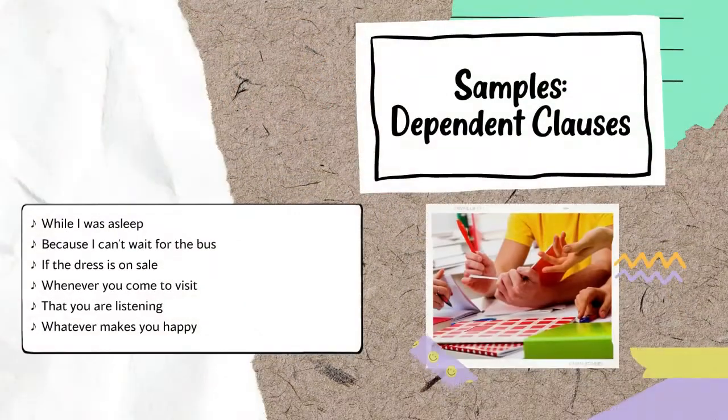On the other hand, from the examples of the dependent clauses, you can see that they cannot stand on their own. You cannot just simply write "while I was asleep" or "because I can't wait for the bus." If the dress is on sale, you cannot write it that way. Why?